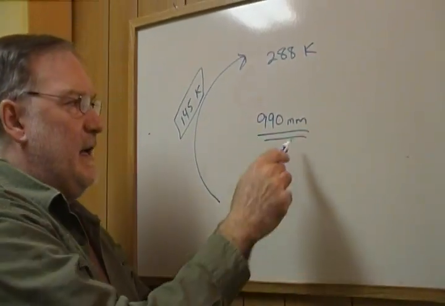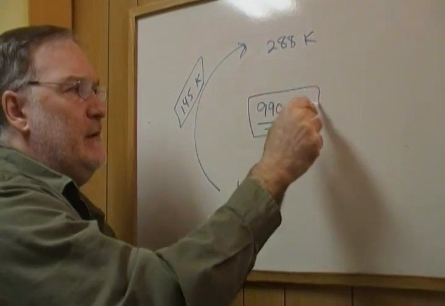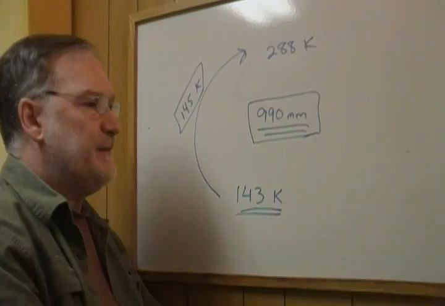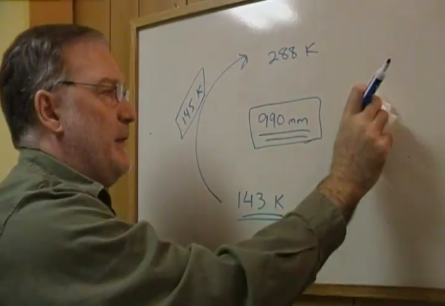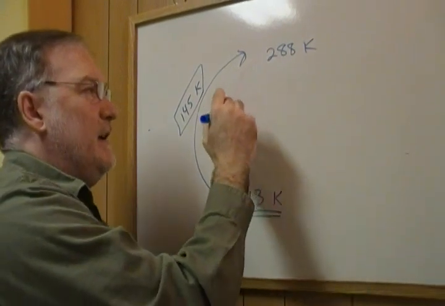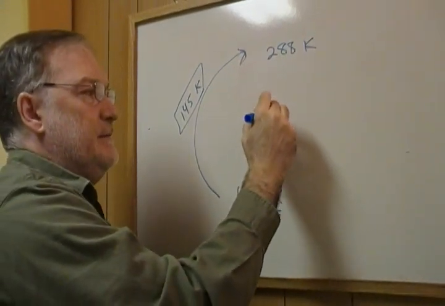When you calculate how much it takes for 990 millimeters of rainfall annually over the whole surface of the Earth, you find out that the Earth is being cooled 192 degrees.